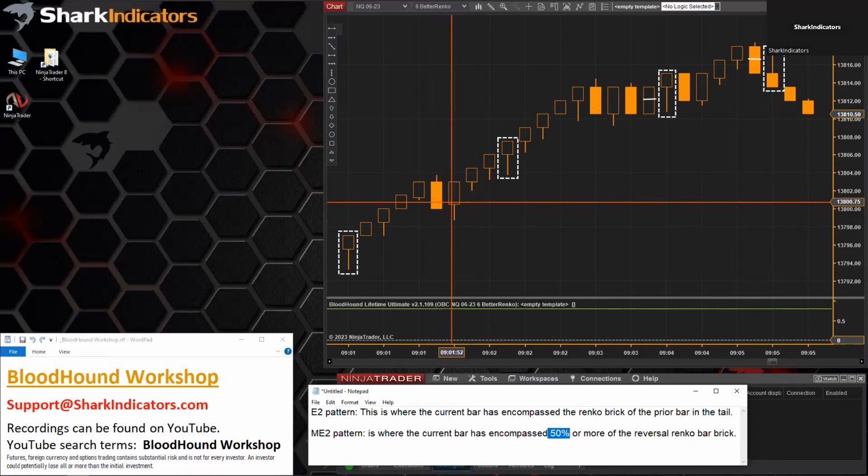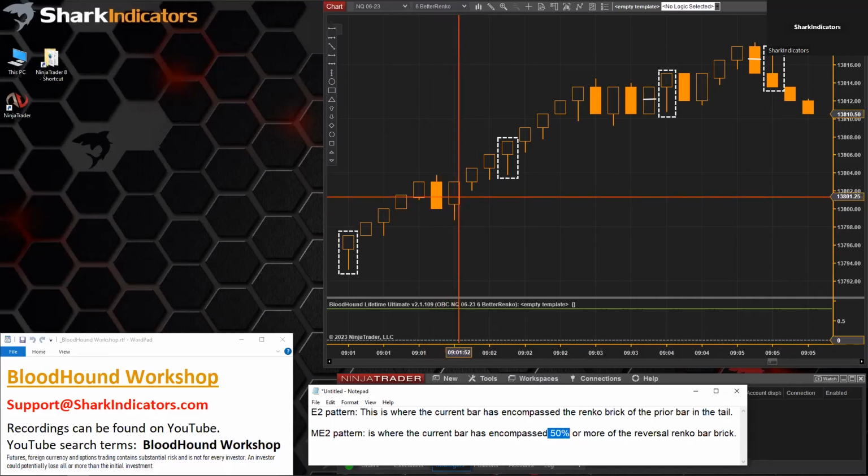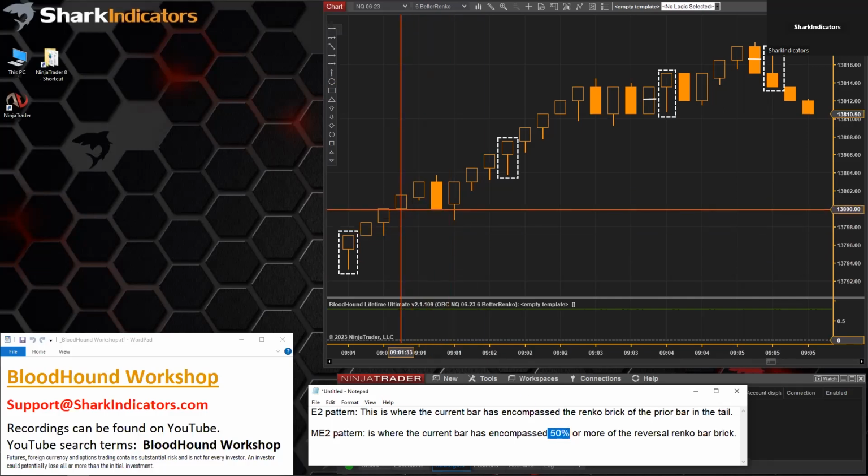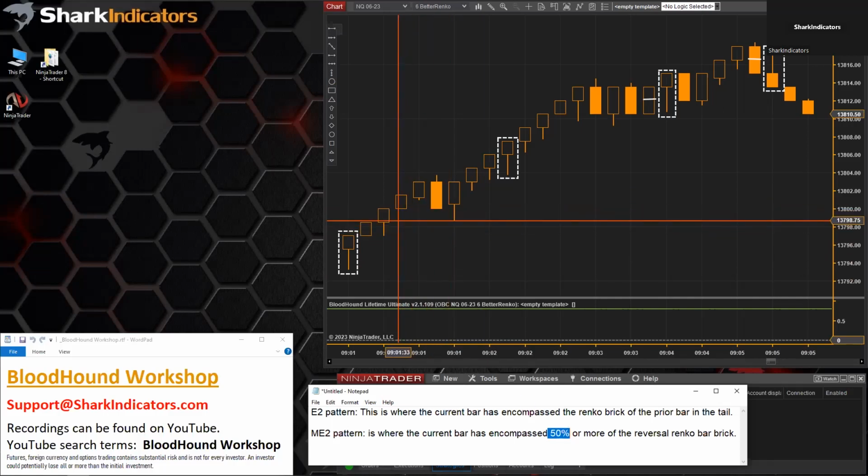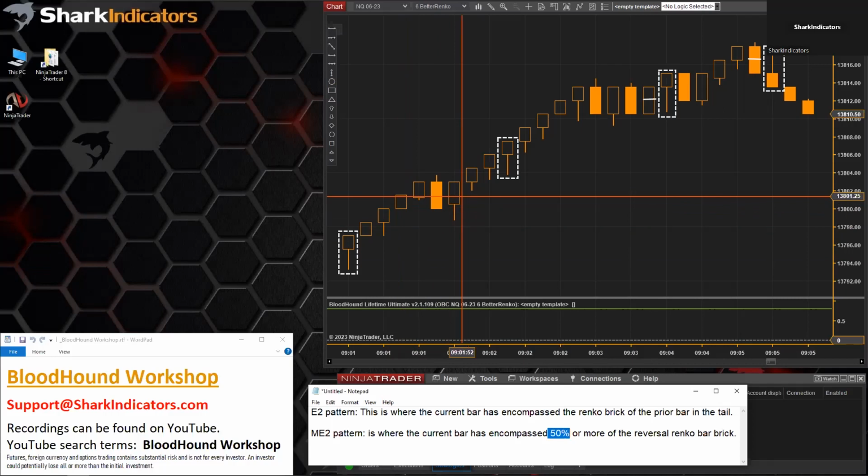Maybe it's 50% of the wick, or maybe it's 50% from halfway of the body, so when traders use 50%, the two points that they're measuring from changes all the time. So there's no way that BloodHound could accommodate for every trader's wildest dreams of what they're measuring 50% from, right?